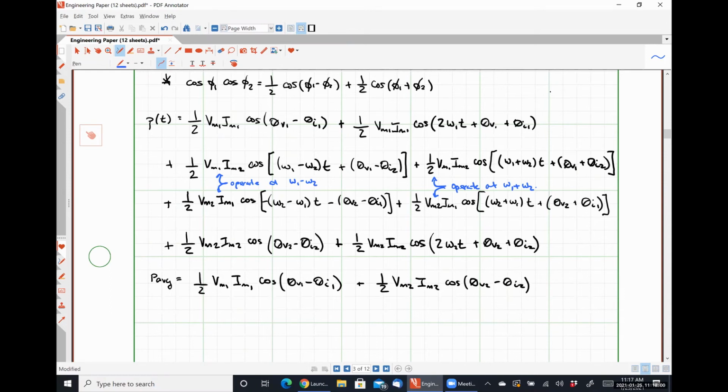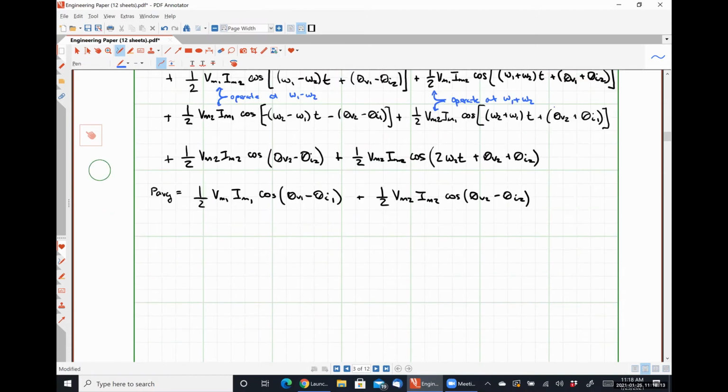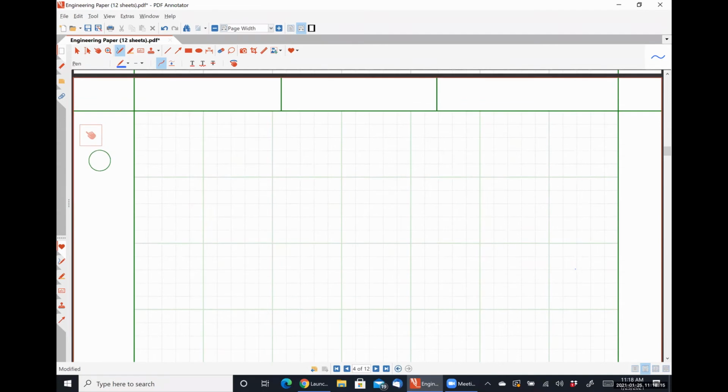All right. So that's multi-frequency power. Like I said, in a nutshell, we have 10 minutes before I need to leave. So let's review effective values really quickly because that's going to be a really big thing we're going to be dealing with.